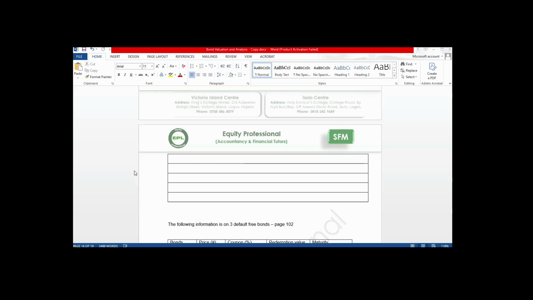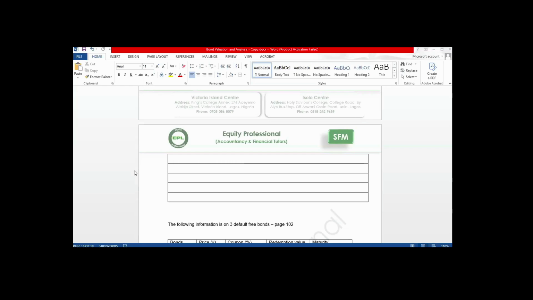We explained how to calculate spot rates. In some questions, the examiner will give you the spot rate. In some questions, the examiner will not give you the spot rates. If you look at the question we solved last week, that question was on how to calculate spot rates when we are not given.